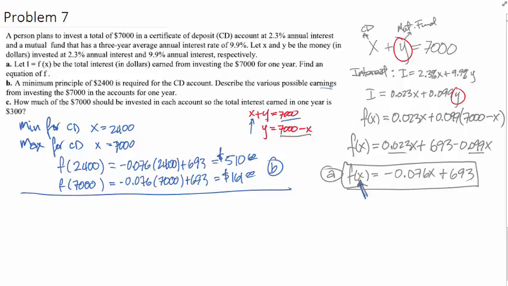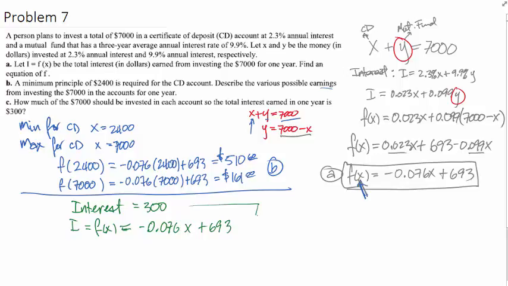Part C, how much of the 7,000 should be invested into each account so that the total interest earned is 300? For this one, we note that we want the interest to be 300, and our interest function is a function of X. It's the same function that we've been working with.